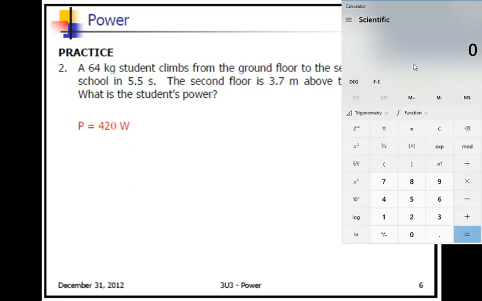To go to that second floor, it would be the height that they've traveled, times g, times their mass, which is 64. So this is the energy. If they did that in 5.5 seconds, we divide by 5.5, and we get about 420 watts.